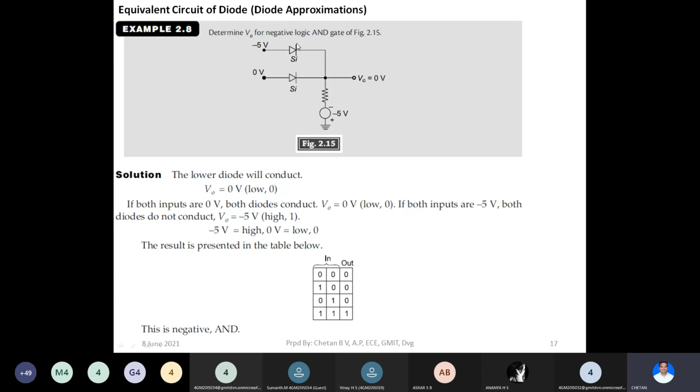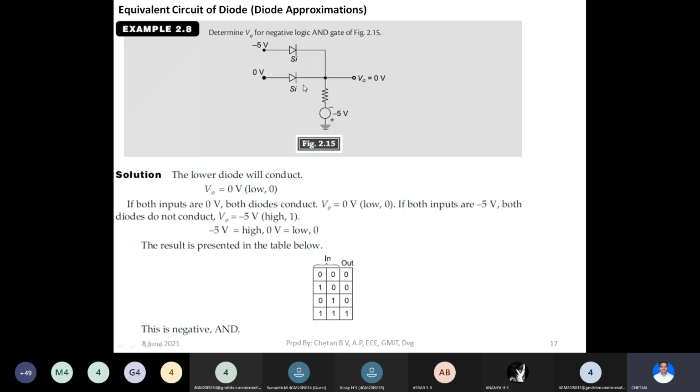In the first diode, the anode is connected to the negative terminal of the battery, minus 5 volt. So obviously this diode would be reverse biased, which means it is off. If this diode is off, there is no significance of this complete branch.